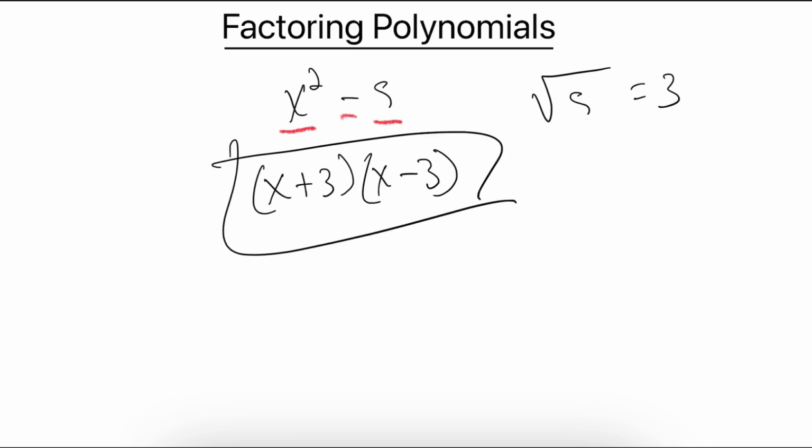There's our answer. And just to check, we have x times x is x squared minus 3x plus 3x minus 9. And these two are going to cancel out, giving us x squared minus 9.